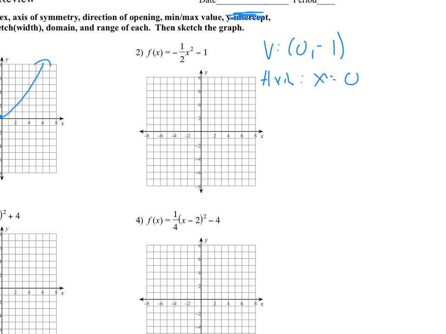And then we are concave down on this one because our a value, the -1/2 there, is negative. Which means if we're concave down, we then have a max at y equals -1.